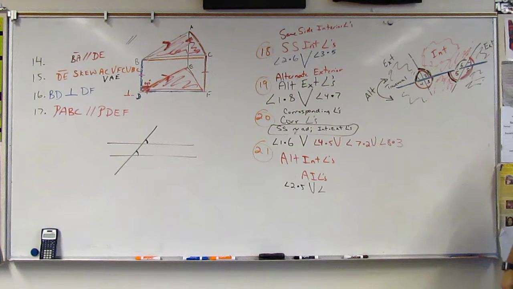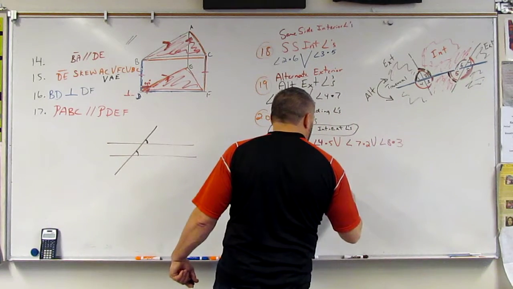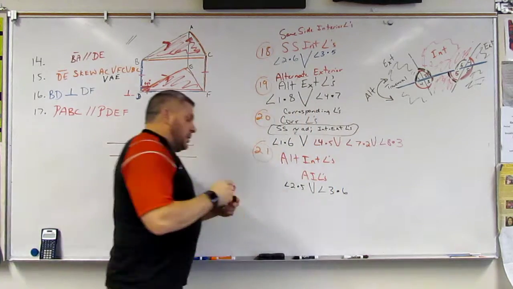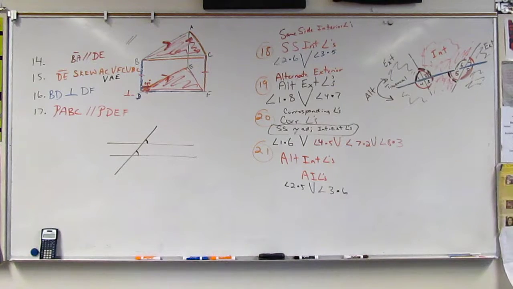Yes. Does that make sense? So it's going to be 2 and 5, 3 and 6. Alternate interior. Okay? Didn't you say 5? I said 5. All right. So that'll be 20 and 21. How are we doing so far?